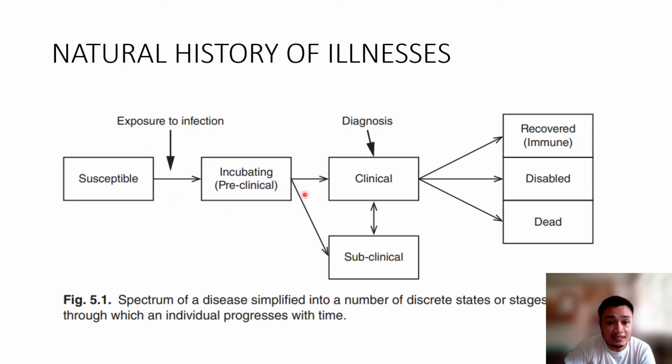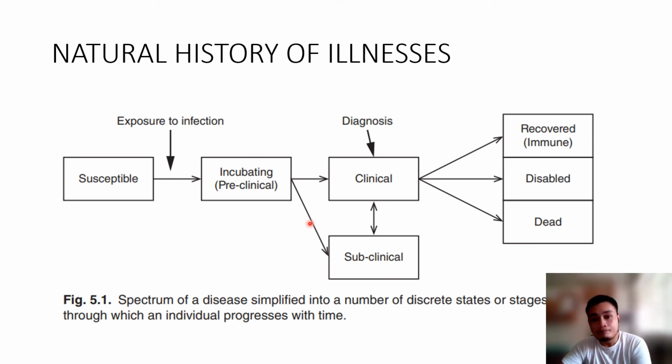The infected animal may manifest the disease, or it may go to subclinical. And within the clinical side of things, it may be diagnosed to have the disease. Or it may be first subclinical, then develop to clinical, or it becomes clinical, then develops to a subclinical disease.